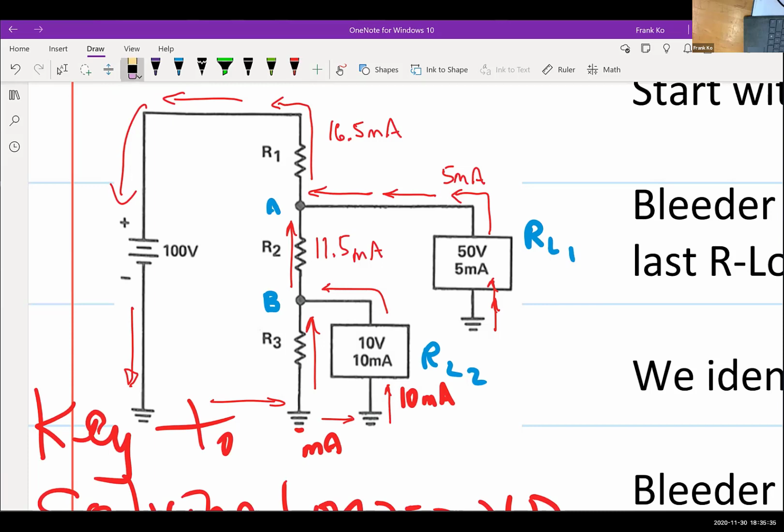Let me do this a little neater as well, since I've got a fine point. 1.5 milliamps, and this is 10 milliamps. And that gives us 11.5. 11.5 added with the 5 milliamps through load 1 gives us 16.5 milliamps flowing through R1. Everybody okay with current analysis? Everything seems to make some sense here?